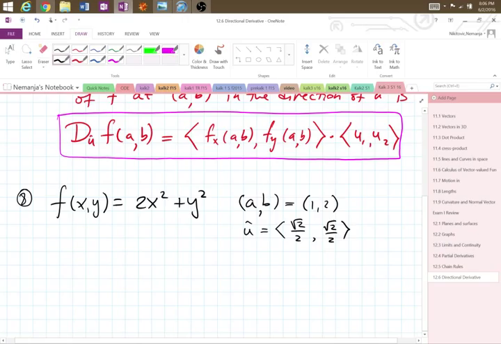You see the partial derivative. Find the partial derivative in respect to x. What's the partial derivative?